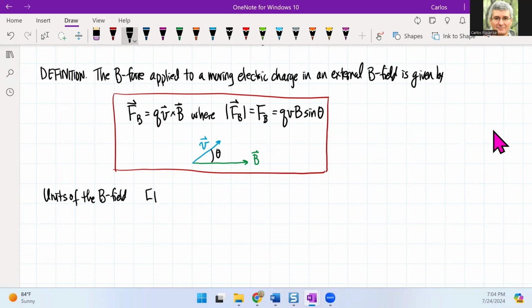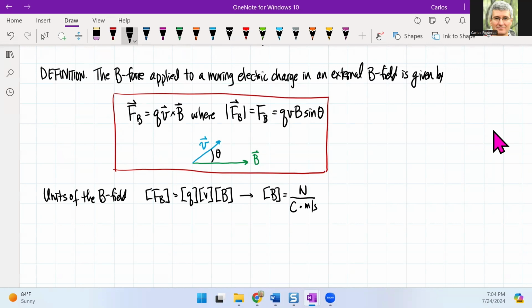If I look at a unit of force, then I'm going to have a unit of charge, a unit of velocity, and a unit of magnetic field. So if I manipulate this, a unit of magnetic field is going to be a unit of force, which is a Newton, divided by a charge, which is coulombs, divided by velocity, which is meters per second.